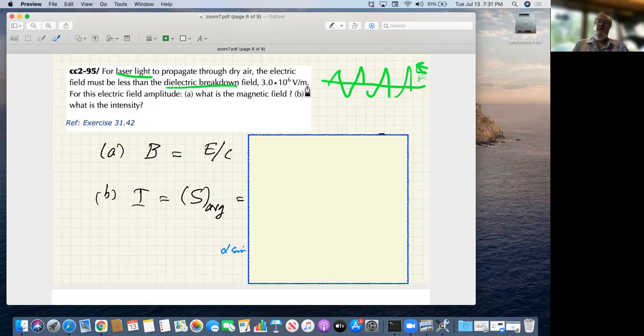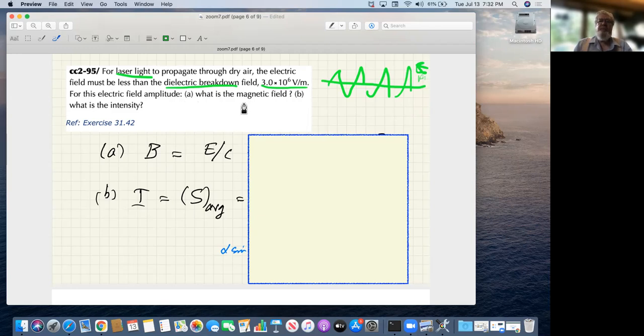And of course, that's a huge electric field. So you're not going to find a laser in everyday life which has anywhere near that high an energy density. But maybe in an industrial laser, some lasers are used to cut metals, and they have much higher values of electric field. So anyway, the maximum possible is sort of 3 million volts per meter.